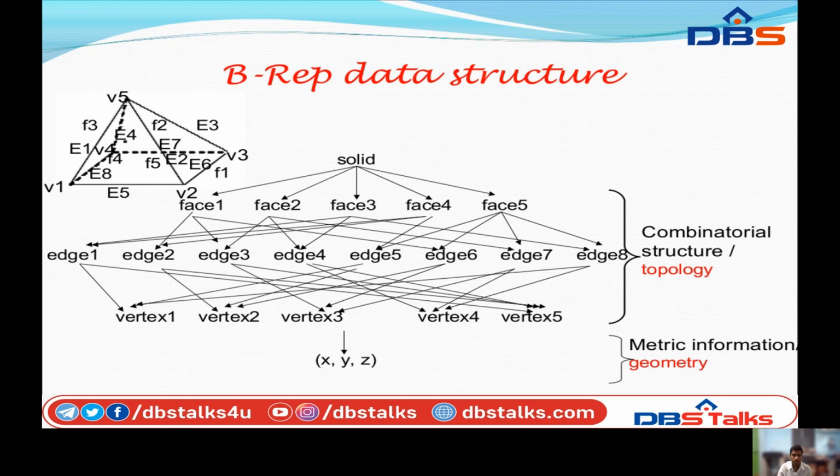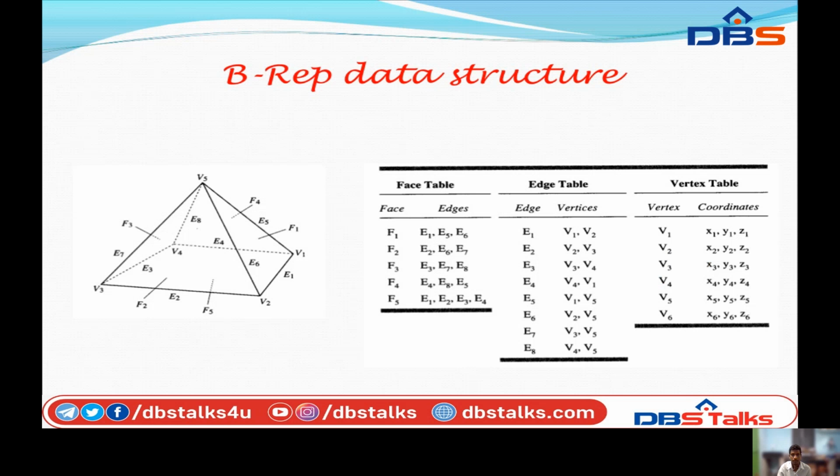Next, the combinatorial structure with topology and metric information. First of all, I am taking a solid. This will be generated using topological data together with the geometrical model data of faces, edges, and vertices.